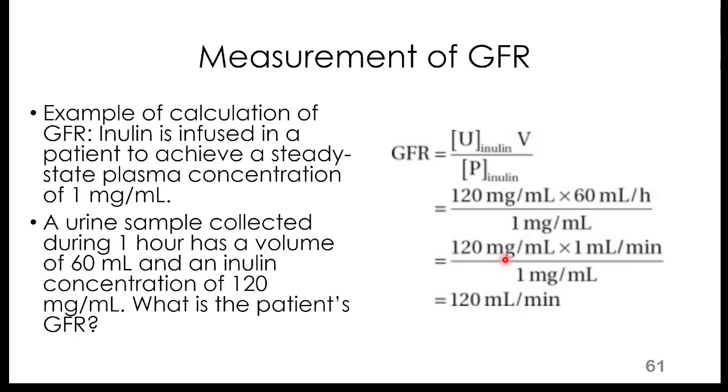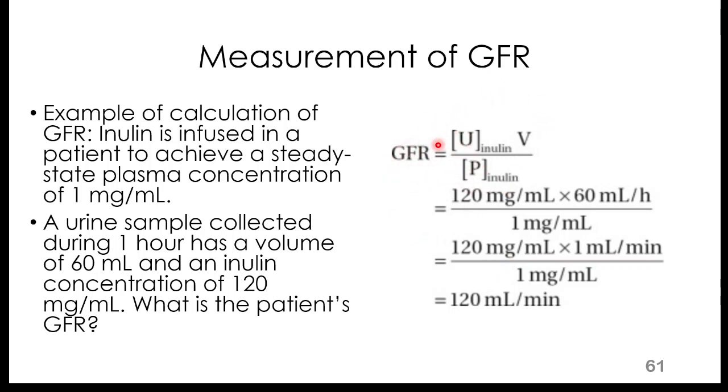A urine sample was collected over 1 hour, which had a volume of 60 ml and an inulin concentration of 120 milligrams per ml. What is the patient's GFR? Basically, just follow the formula.